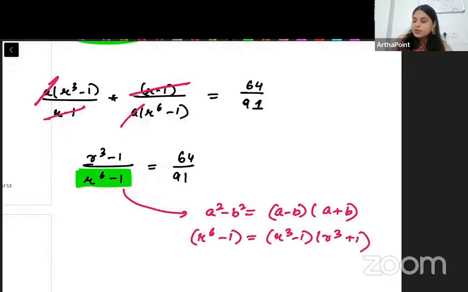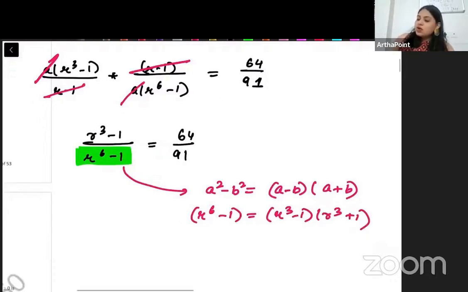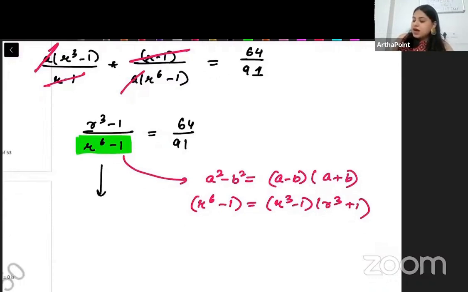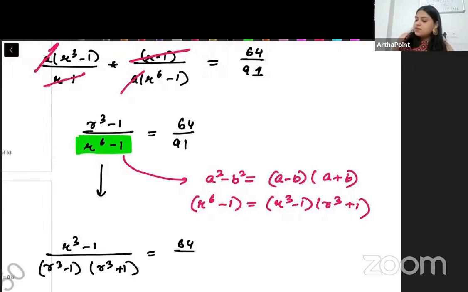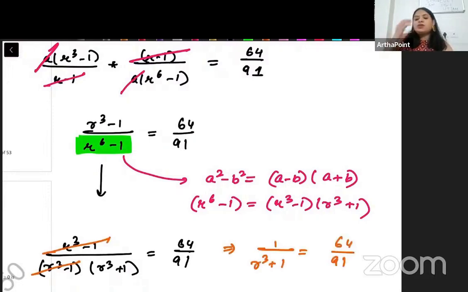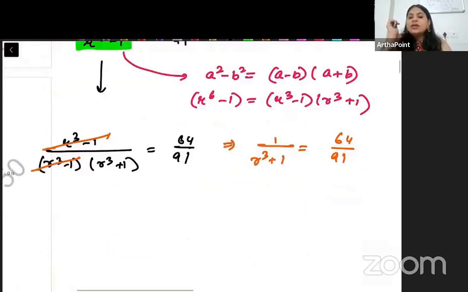A square minus b square. So I will write this as (r cube minus 1) upon (r cube minus 1)(r cube plus 1) equals 64 by 91, and this will cancel out. So I will be left with 1 upon r cube plus 1 equals 64 by 91.